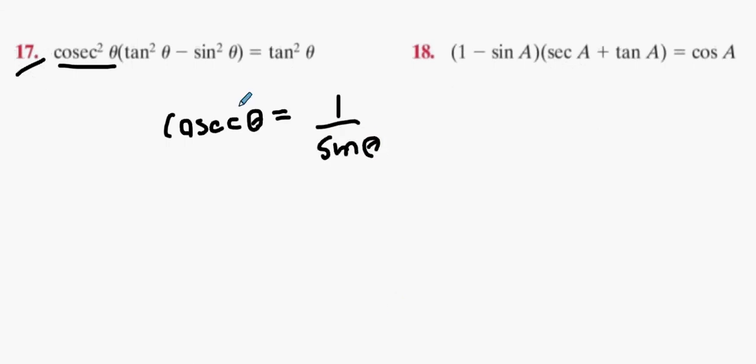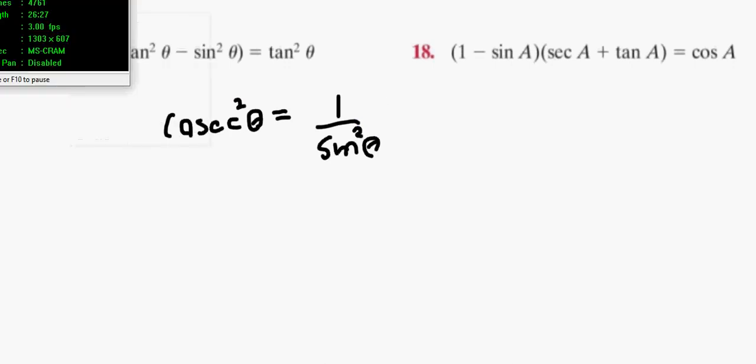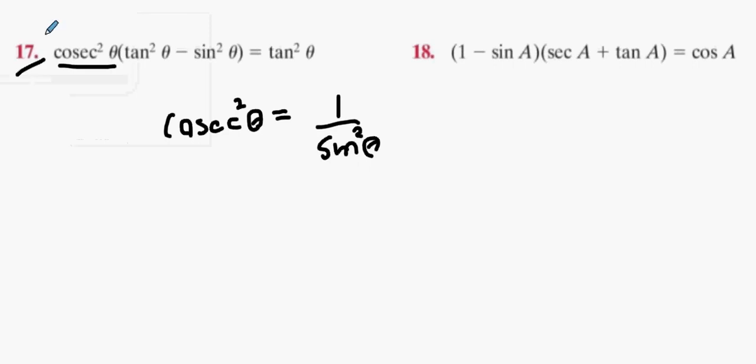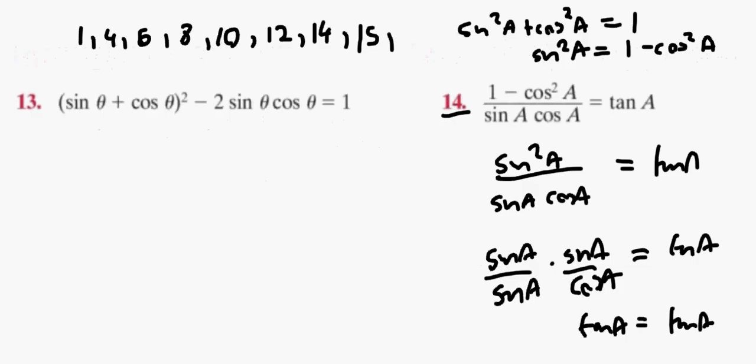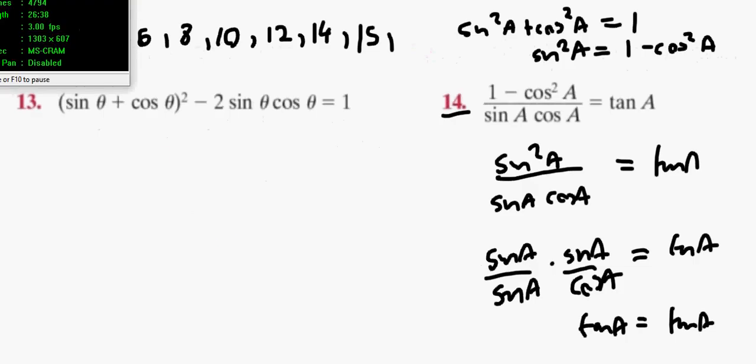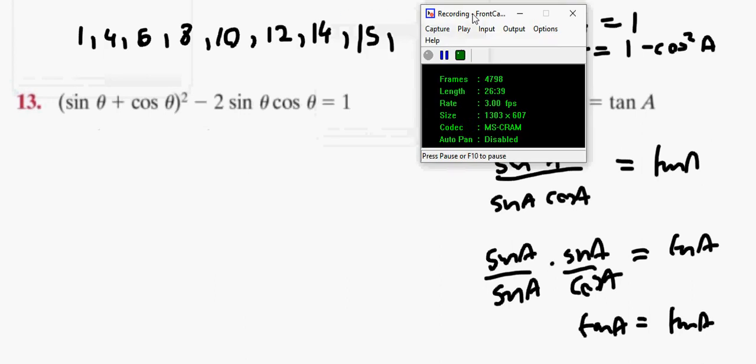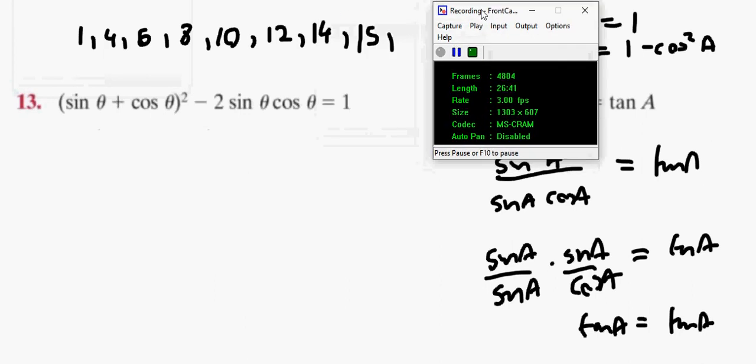Square both sides. 1 over sine squared theta. Just give me a second. I've got a phone call, so I'll do question 17 another day or in a separate video. So, to sum up, we did the 2 proofs and we did those questions.